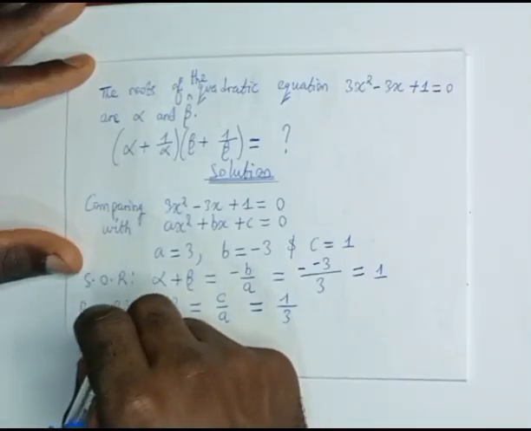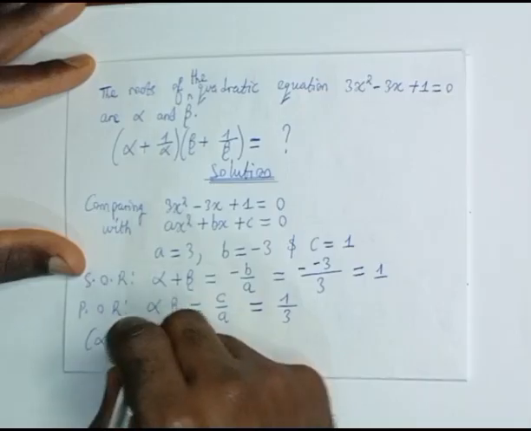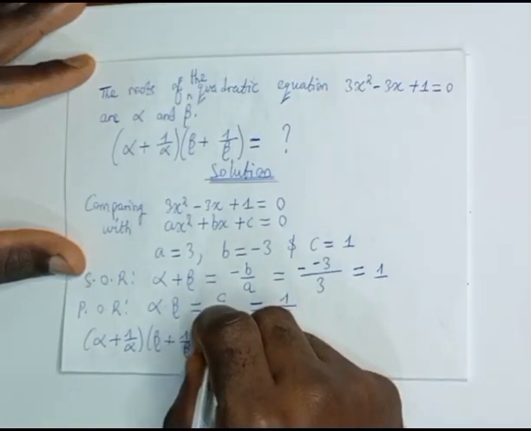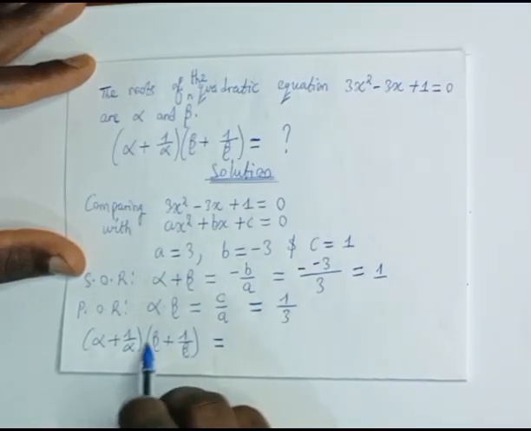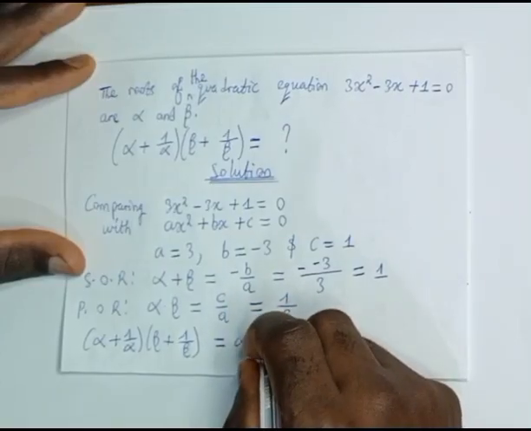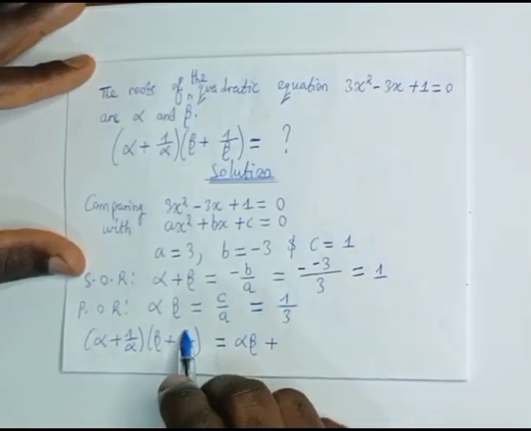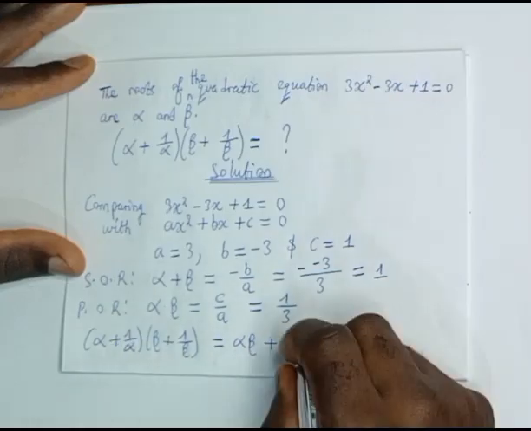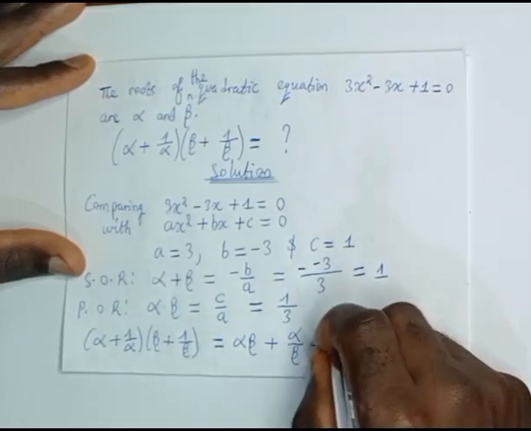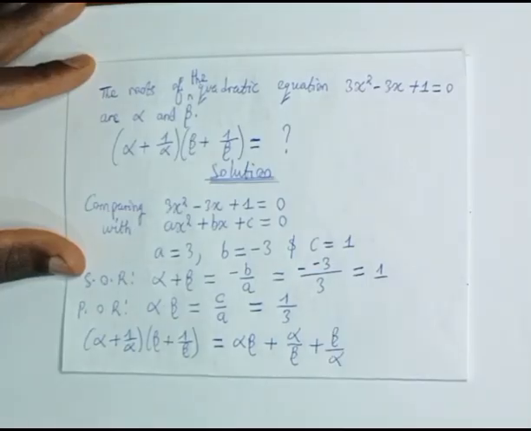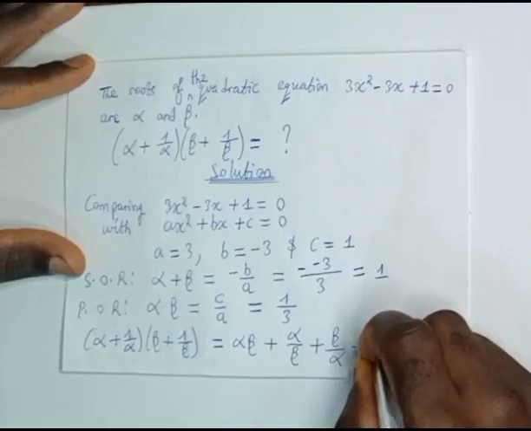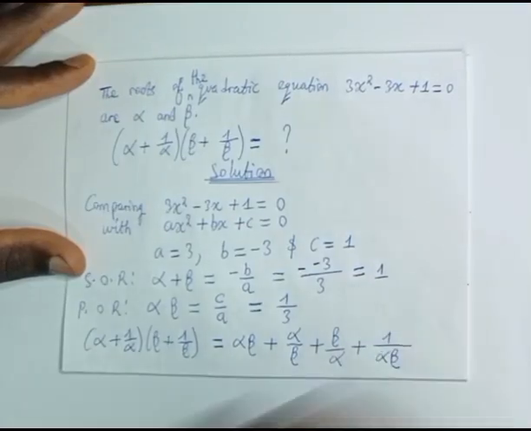If we take alpha plus 1 over alpha times beta plus 1 over beta, expanding these brackets, alpha times beta gives us alpha beta, plus alpha times 1 over beta gives us alpha on beta, plus 1 on alpha times beta gives us beta on alpha, plus 1 on alpha times 1 on beta gives us plus 1 all over alpha beta.